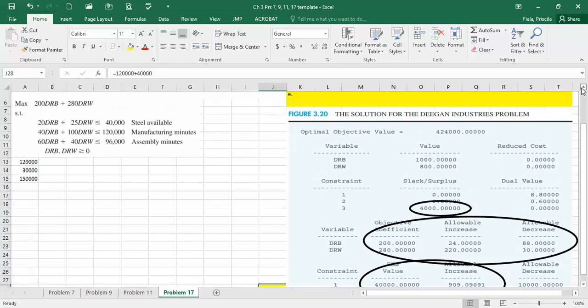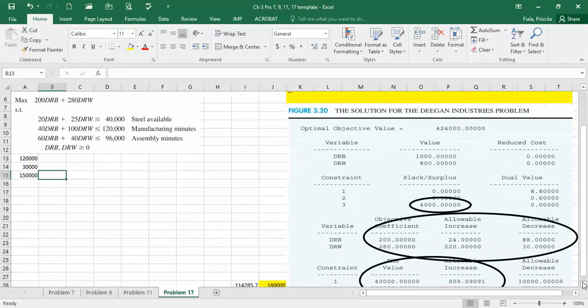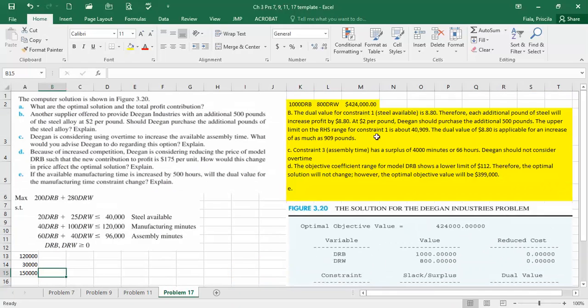The question is asking, if we increase by 500 hours, how would my dual value change? If 500 hours is 30,000 minutes, if we add the 30,000 minutes to the 120 available right here, we get 150. We're still within the range. Remember, the maximum is 160. Therefore, the dual value for constraint number 2 is not going to change.